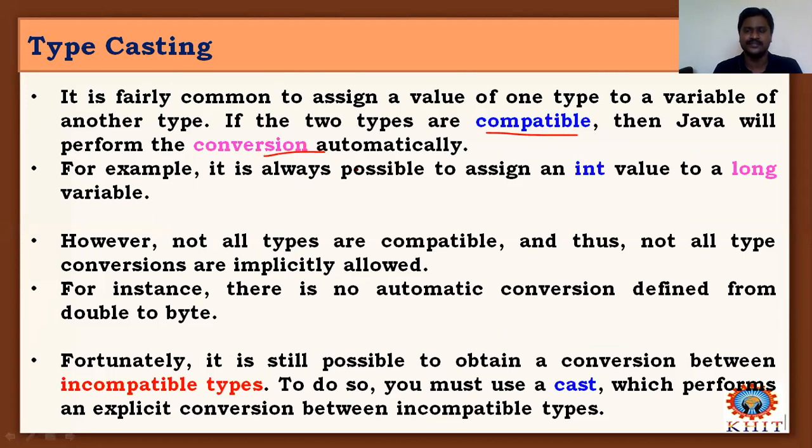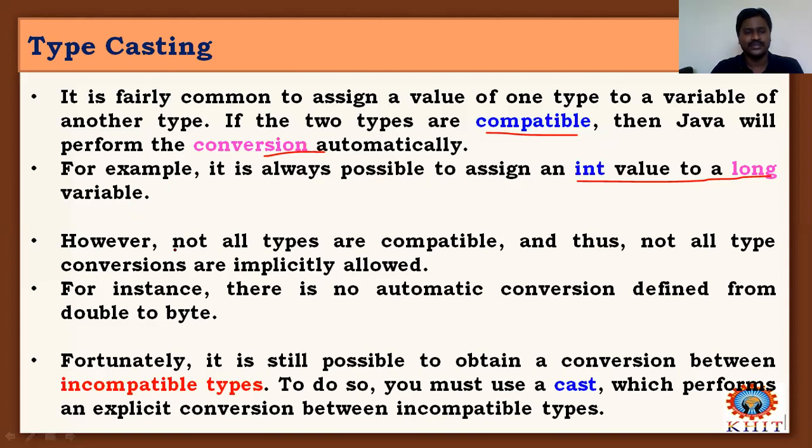When we assign a value of one type to a variable of another type, Java will take care of the automatic conversion when the two types are compatible. For example, it is always possible to assign an int value to a long. An int value can be automatically converted into long type.